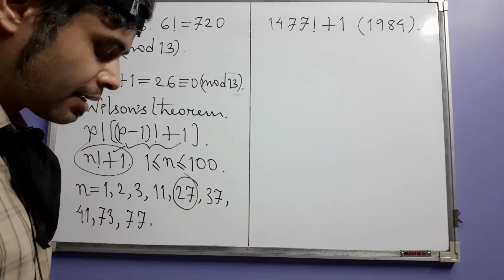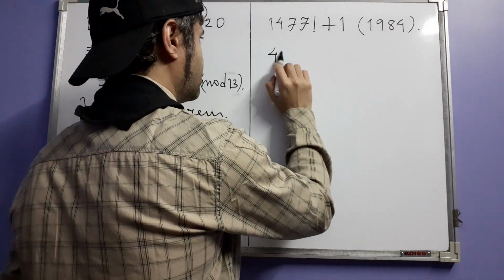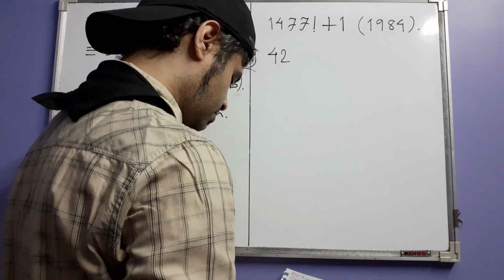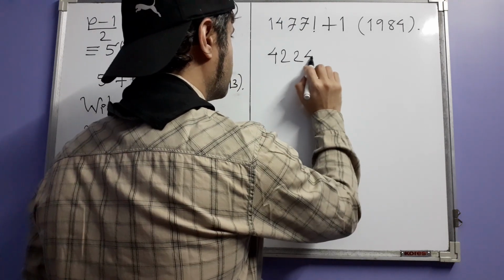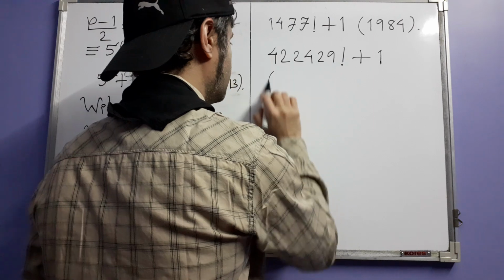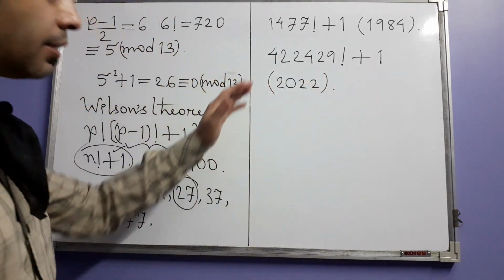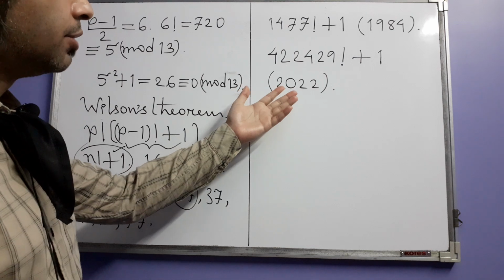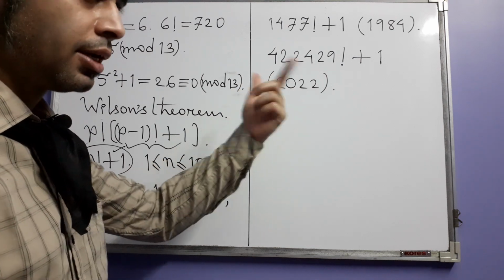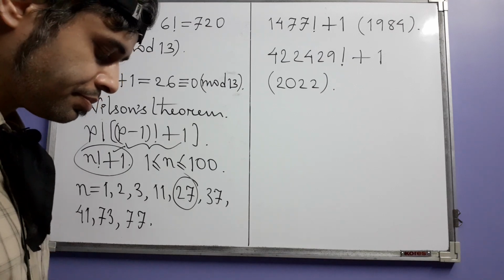The current record holder is another far larger number, 2429 factorial plus 1. This was found in 2022. There is an even larger one, I think, which is of the other form, n factorial minus 1, but this is the largest of this form.